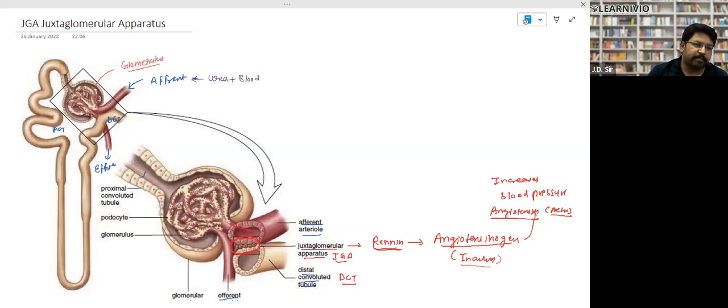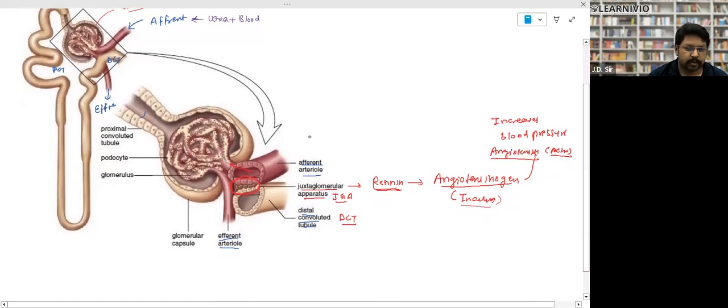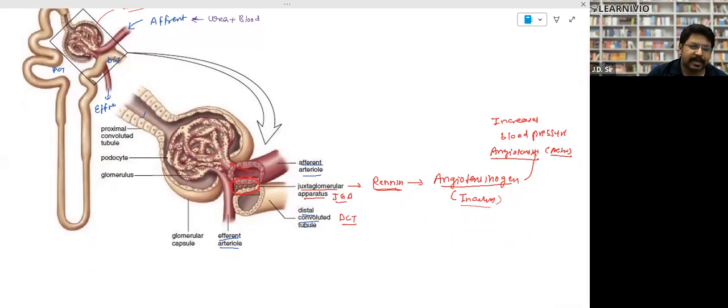This is the efferent part from where the blood is filtered, blood is going out, right? And this part is PCT, this part is DCT. So what happened now? The same diagram has been enlarged. The walls of afferent, efferent, and glomerulus attach with each other, right? They are in connection with each other.